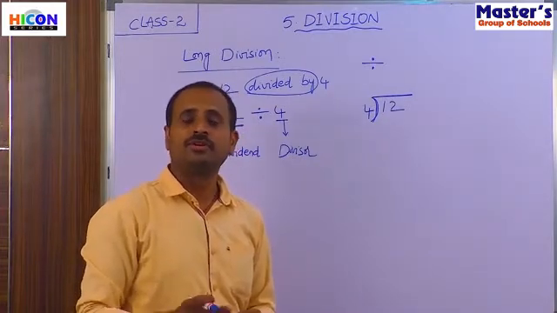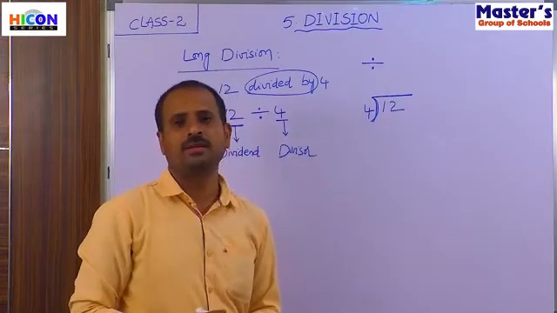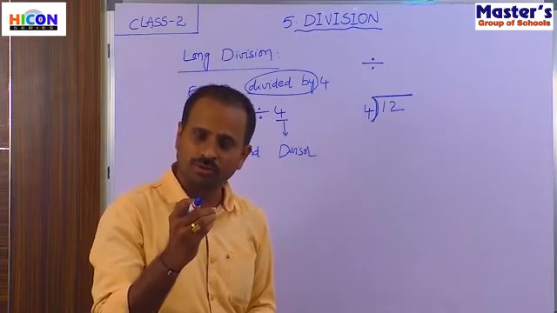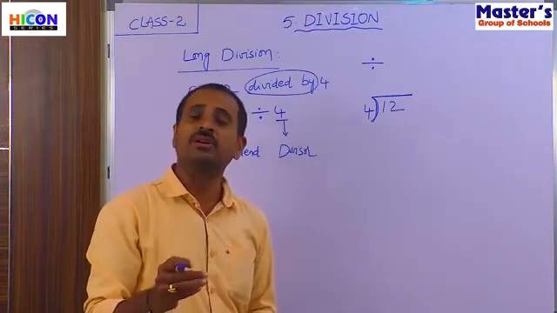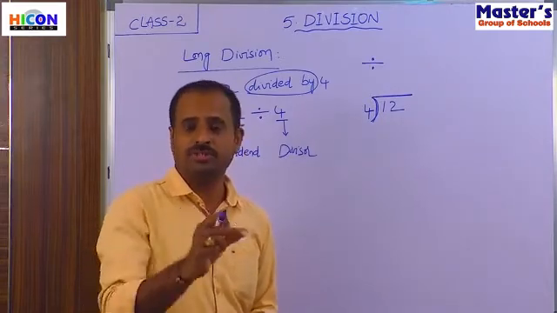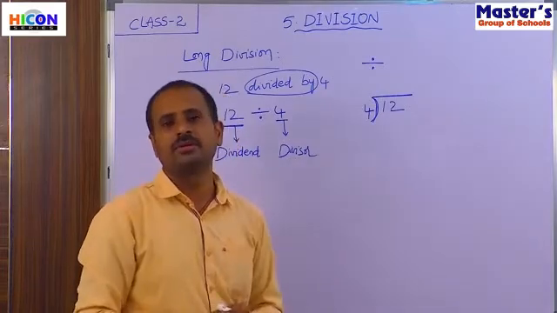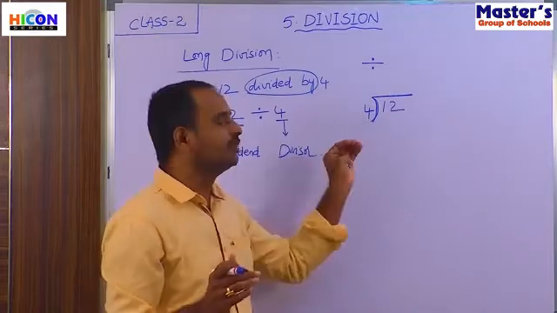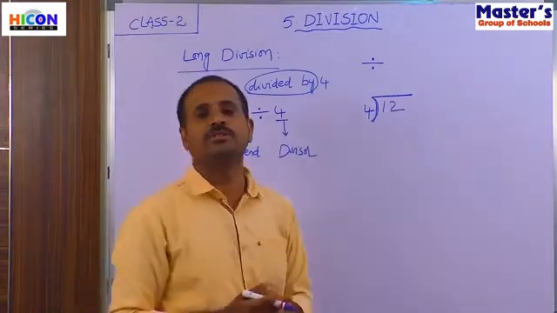That means we have to learn all the tables from 1 to 10: the table of 2, table of 3, table of 4, table of 5. In this way, children, first learn the tables from 1 to 10. Then only can you do these divisions very easily. Otherwise, you cannot do divisions easily.